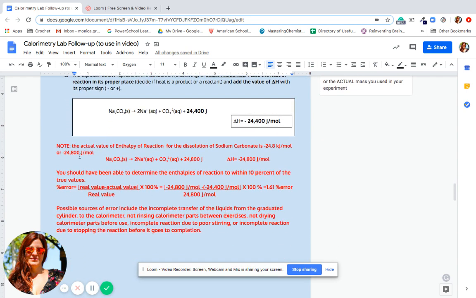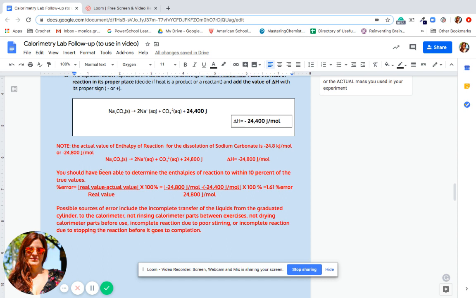Now, this is a note that I added here. The actual value for the enthalpy of the dissolution of sodium carbonate is negative 24.8 kilojoules per mole, or negative 28,800 joules per mole. So these are the actual correct values for this reaction.